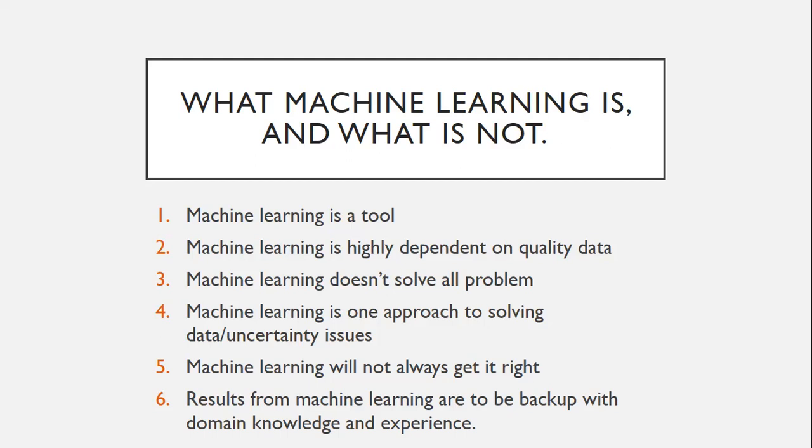A lot of people think machine learning will solve all the problems. No, it does not. They say machine learning is one approach to solving data uncertainty issues. Yes, that's true. For example, I could have a data set and just visualize it, and that's all. That's probably enough for the management or the board of directors to make decisions.